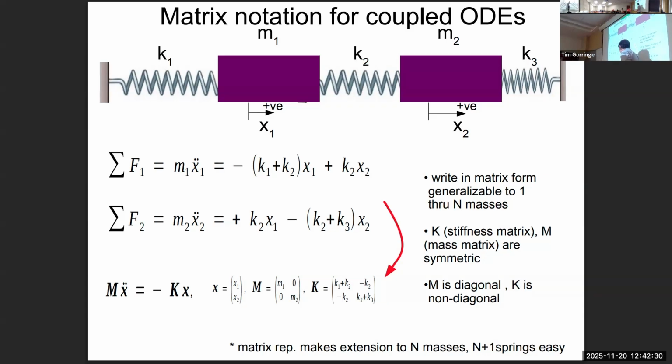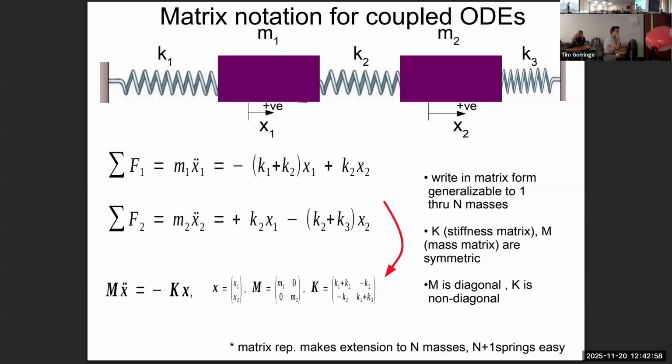That's my position vector. And I'm going to make two matrices. One's called the mass matrix because it involves the masses. One's called the stiffness matrix because it involves the spring constants. This is the mass matrix, and this is the spring constant matrix.